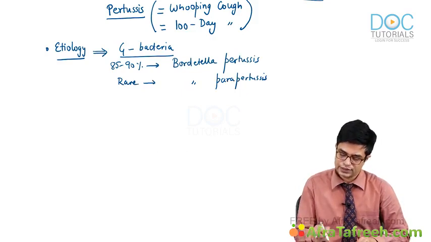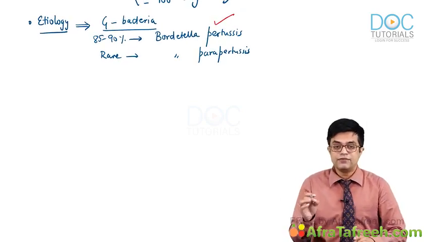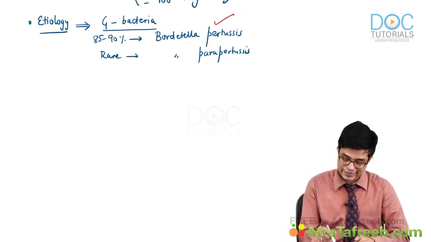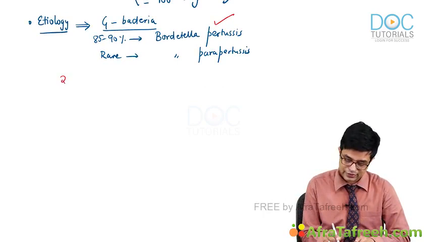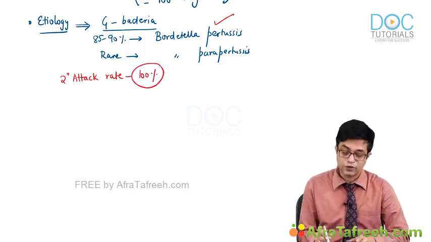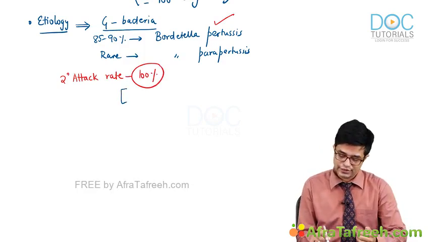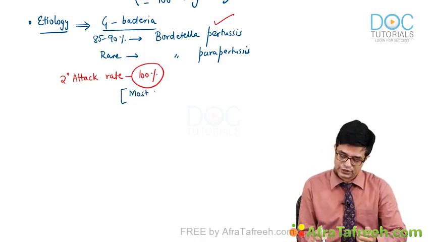But for all practical reasons, Bordetella pertussis is the most common. It is a very, very infectious condition with a secondary attack rate as high as 100%. Potential MCQ: which of the following is considered the most infectious condition? It is considered the most infectious condition in children.